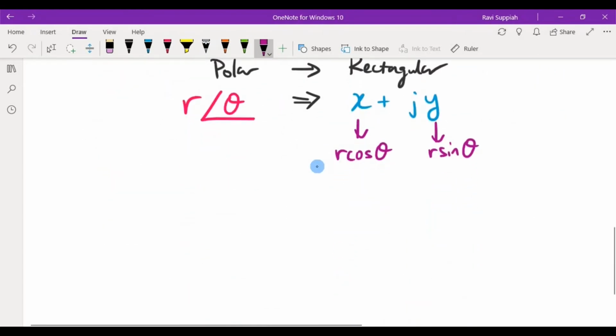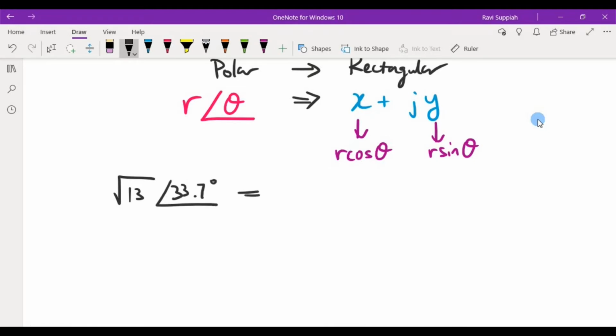So I have the polar form given as square root 13 angle 33.7 degrees, and to convert it to rectangular form, I follow this formula here.